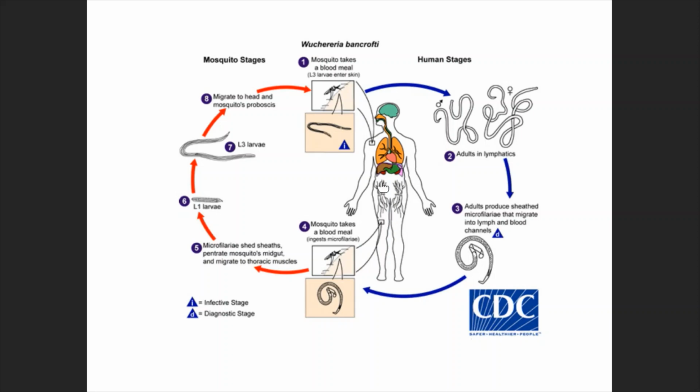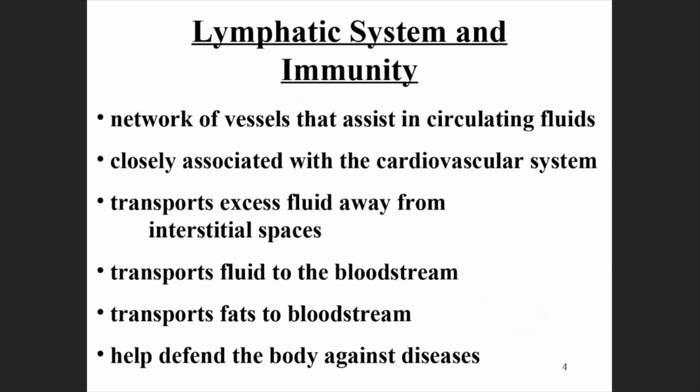And so all this network that you see here is the lymphatic vessel. Okay. Lymphatic system and immunity: a network of vessels that assists in the circulating of fluid.